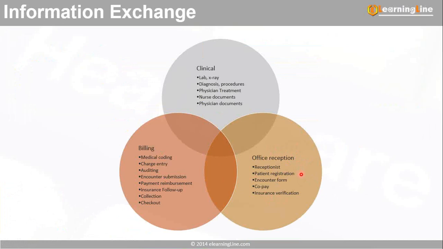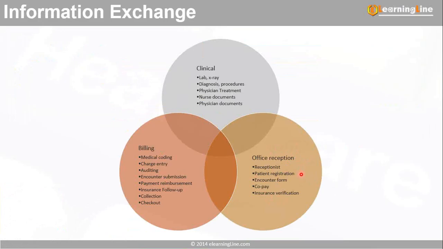The common functionality between the billing and the clinical: the clinical side is where you have labs, x-rays, any kind of physician treatment, blood work, any kind of document. Maybe the physician and the specialist are exchanging data, so all the clinical records related to the patient.